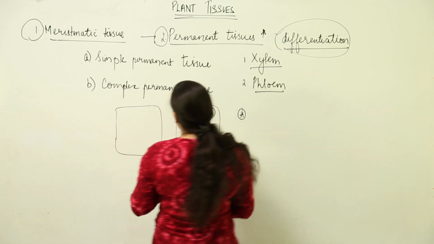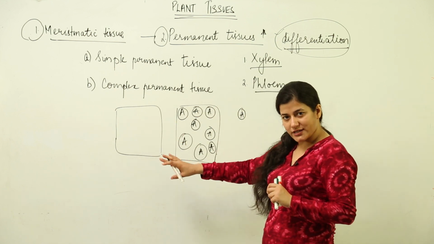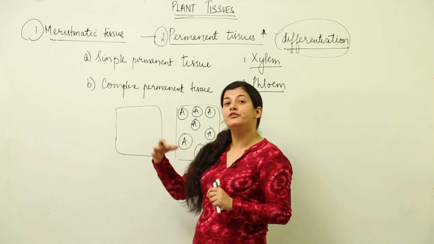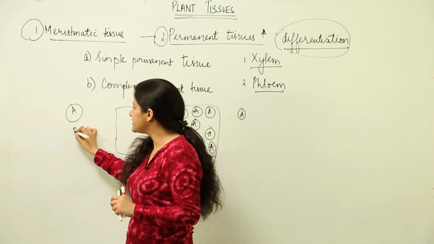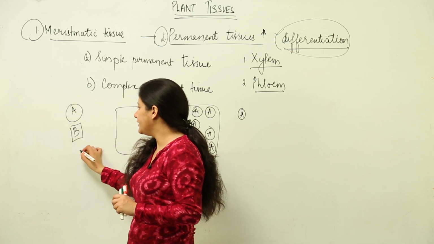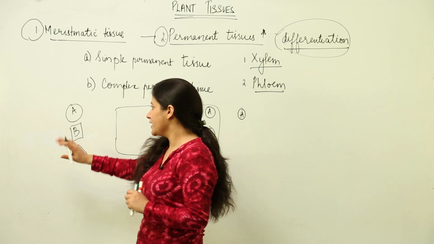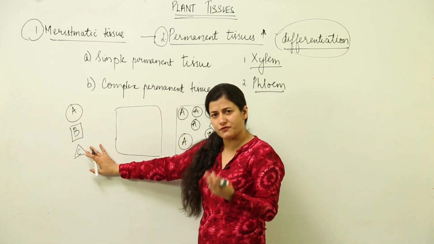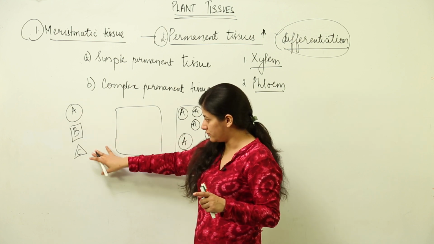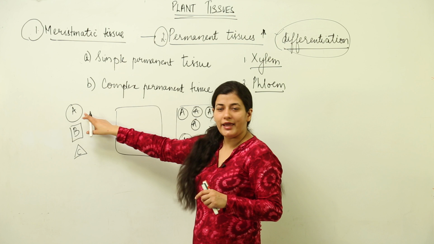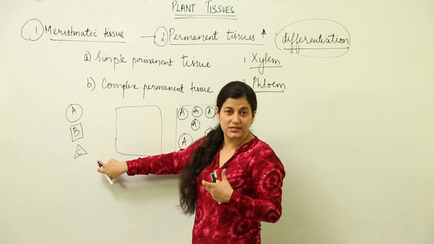In the case of complex permanent tissue, supposedly the tissue is made up of three types of cells. One is A, other is B, and the third one is C. Just for understanding's sake, I am giving you this way of presentation: A, B and C, three different types of cells are making it.